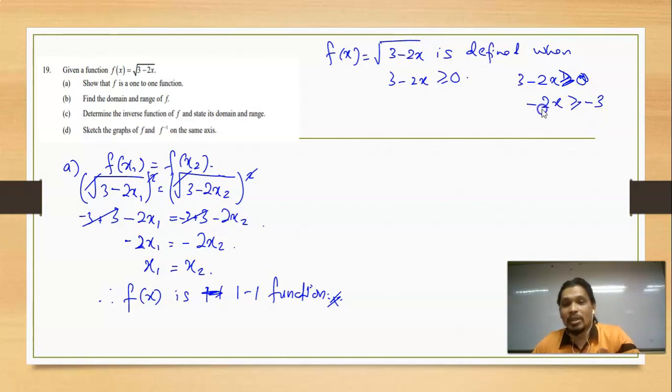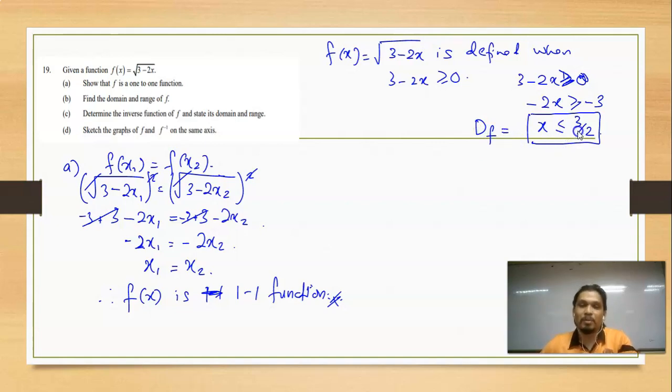So we divide by negative 2, left and right. Dividing by a negative will affect the direction of this sign, and we come out with x less than or equal to 3 over 2. Okay, class, automatically, this is your domain of the function f, which is from negative infinity until 3 over 2.